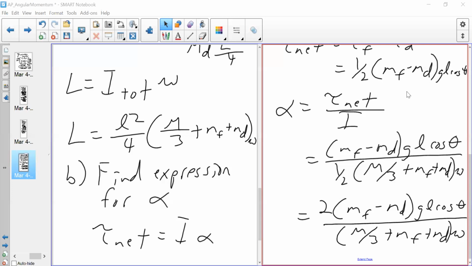Any questions on how I get that angular acceleration expression? The omega is at the bottom, right here.